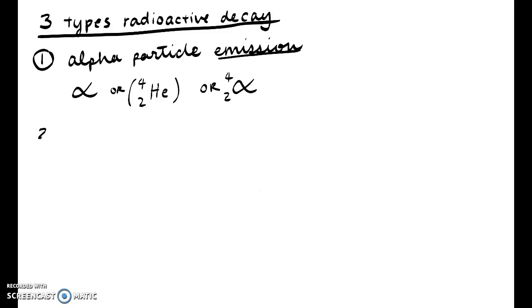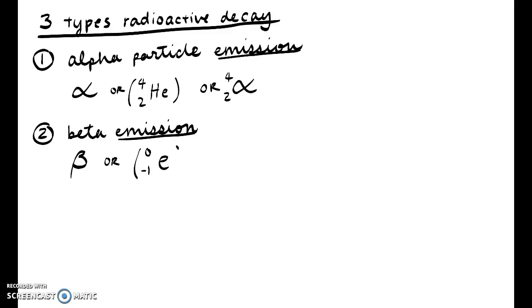The second type of radioactive decay is called beta emission. Once again, realize that emission means that the decay is giving off something. We can denote beta emission with the Greek symbol beta, or 0, -1e.